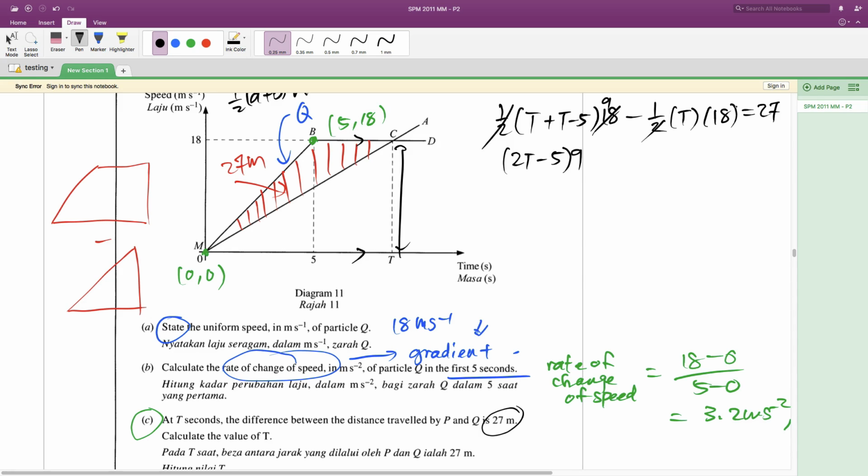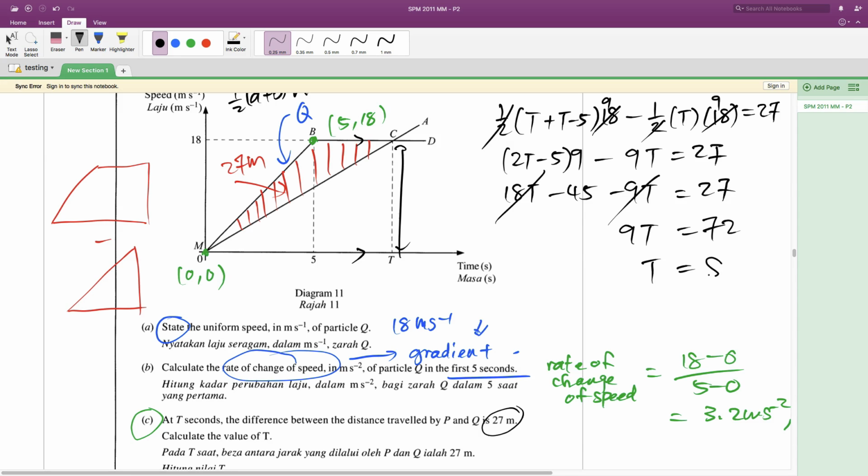Half and 18 simplified, left 9 also, minus 9t equals 27. So this is 18t minus 45 minus 9t equals 27. So 9t, because I minus this one, I get plus 45. 27 plus 45, you will get 72. So t is just equal to 8. 72 divided by 9. Alright, it's very easy.